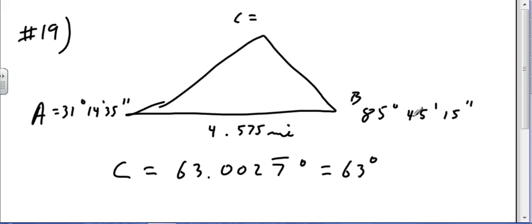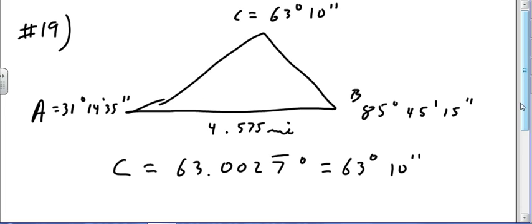Yeah, we don't have any, because 45 and 15 is close to, we're very close to having a whole minute left over there. All right, so we're going to multiply it again by 60, and I'm going to get 10. And then I say, well, 45 and 15 is 60, add 1. Yeah, that makes sense. Okay, so I've got 63 degrees, 10 seconds. That's what I'm sticking with.